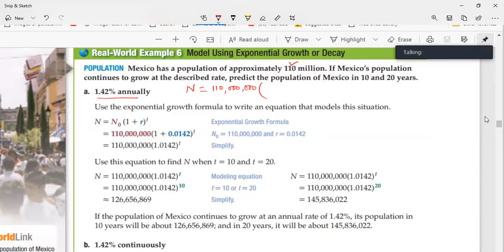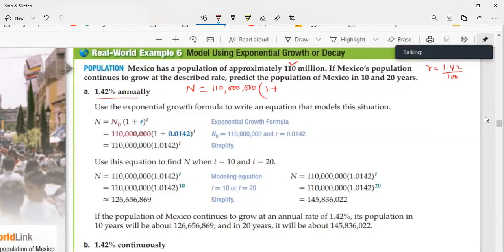And then the formula is 1 plus rate of interest. Rate of interest is given in percentage, so it should be converted into decimal. I'll write here R is 1.42%. So always divide by 100.